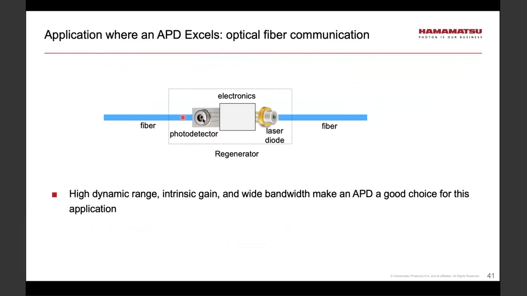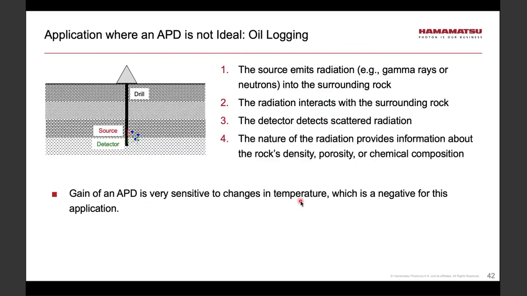So the APD detects the light signal and converts it to an electrical signal, which is then fed to a laser diode, which regenerates the signal with the correct time properties, but stronger in light level. So the high dynamic range, high intrinsic gain, and very wide bandwidth make APD a good choice for this application.